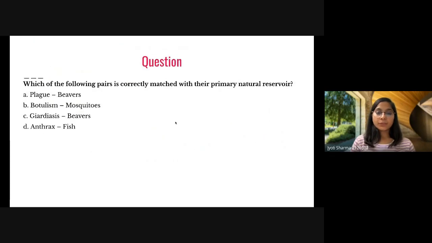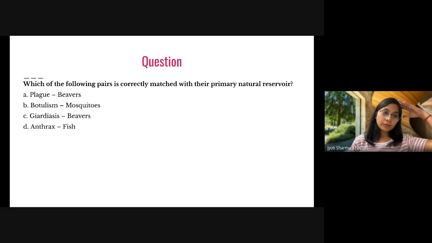Okay, so coming to the next question: which of the following pairs is correctly matched with their primary natural reservoir? The options are, on the left-hand side we have the disease name, and on the right-hand side we have the carrier, or the vector organism.